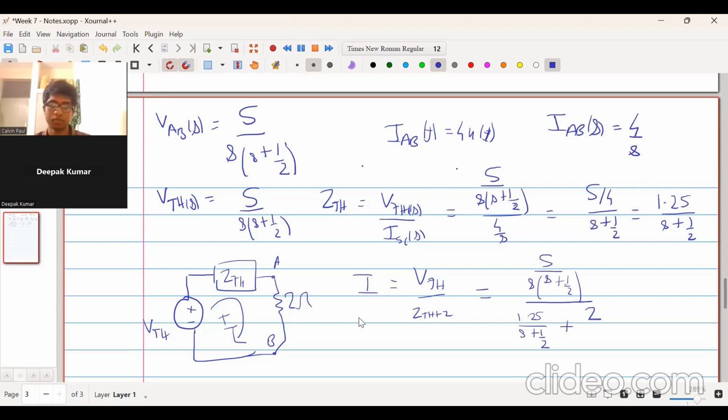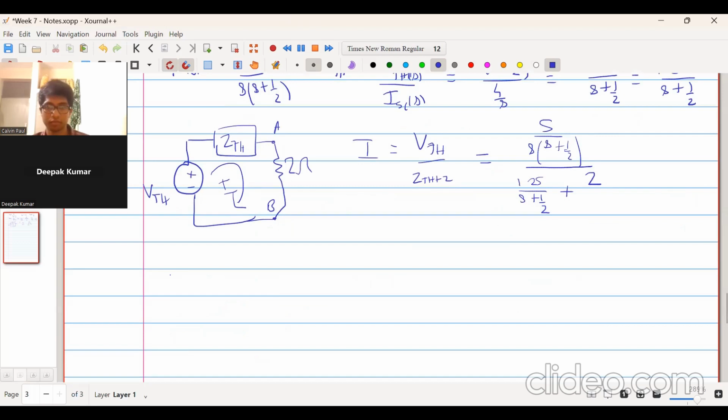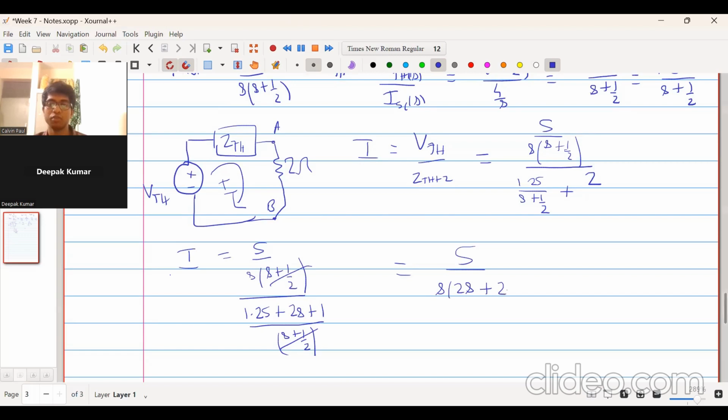So we write it as I equal to 5 upon S into S plus half, into 1.25 plus 2S plus 1 into S plus half. Is there any doubt in this step? No, sir. So this S plus half gets cancelled, and it becomes 5 upon S into 2S plus 2.25.